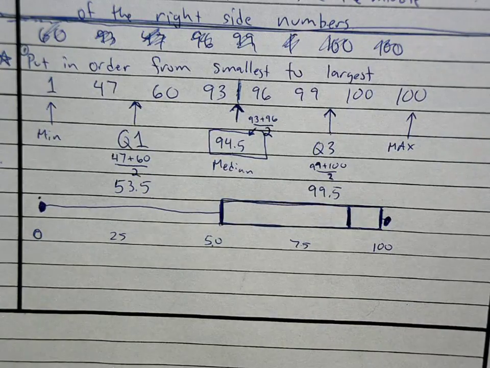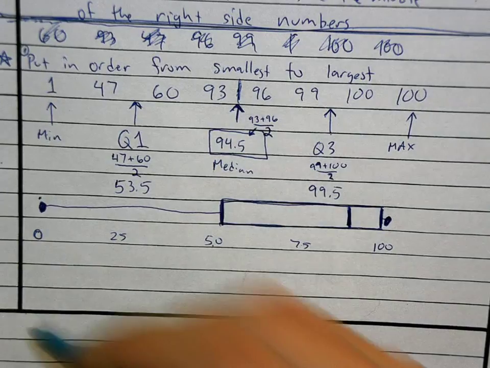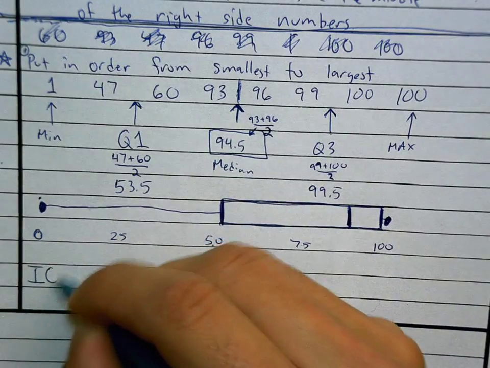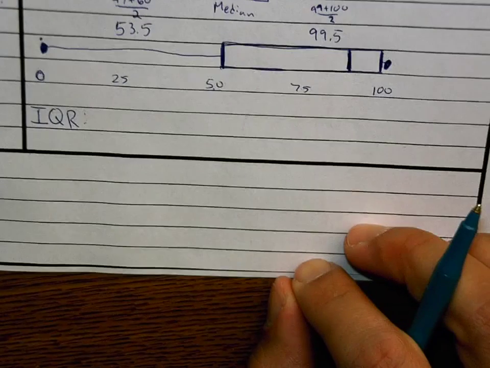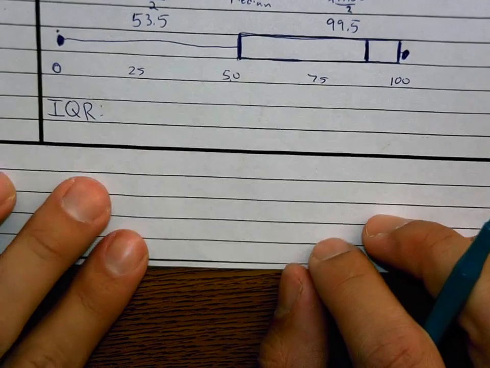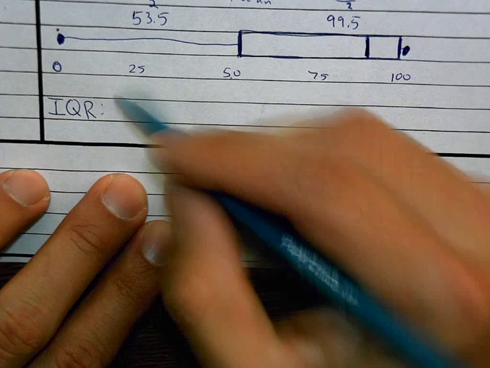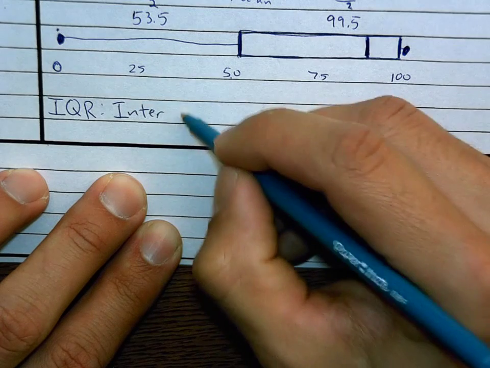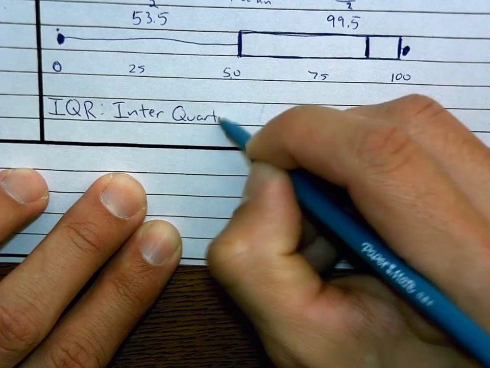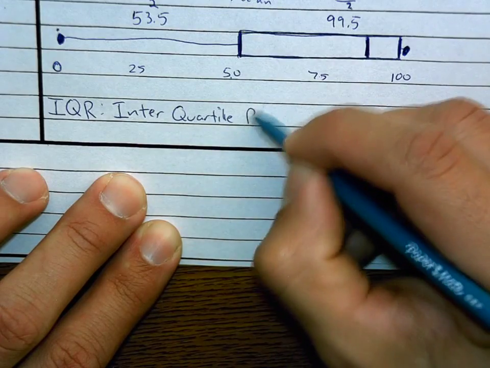Let's talk about an IQR. Then we'll have to flip this page over. IQR. If ever I ask you to find the IQR, this is called the interquartile range.